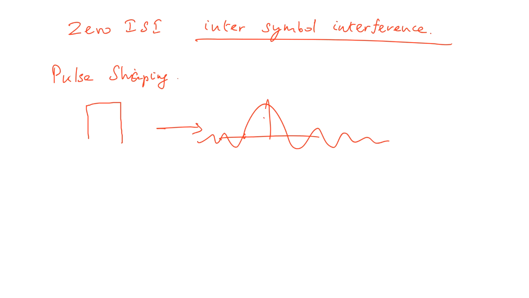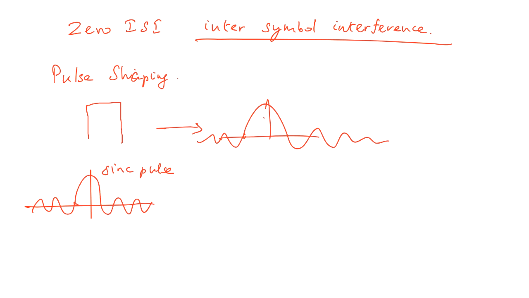So what we do is we shape the pulse. Rather than having a sinc spectrum, we make the time domain pulse a sinc pulse.